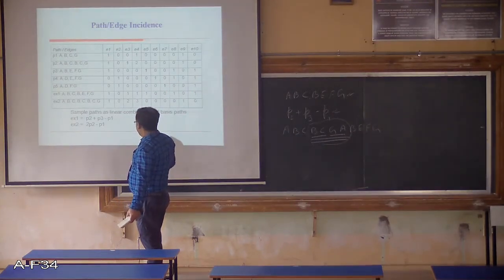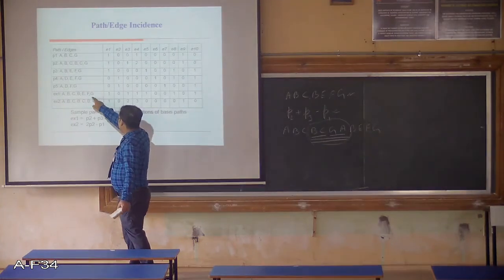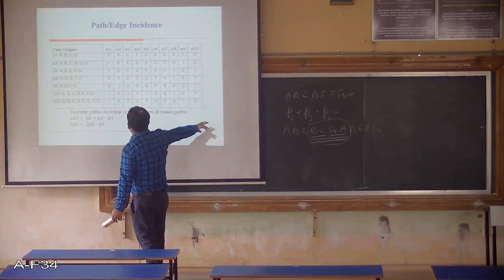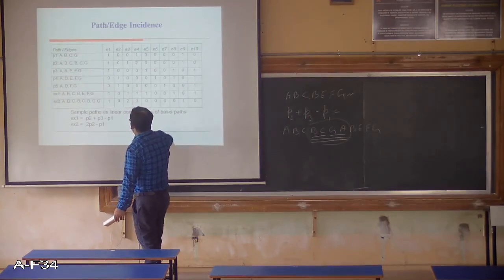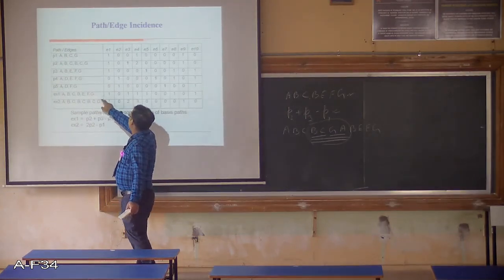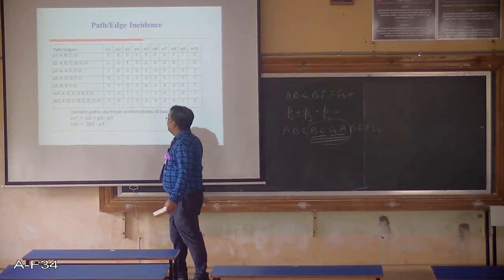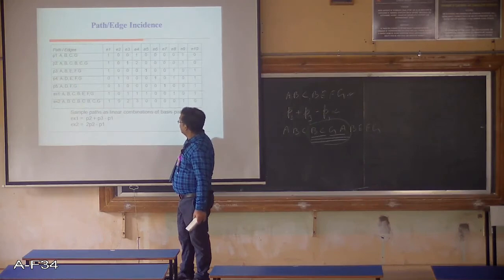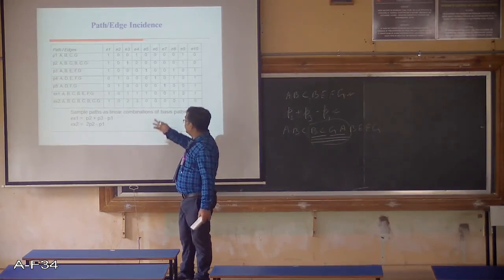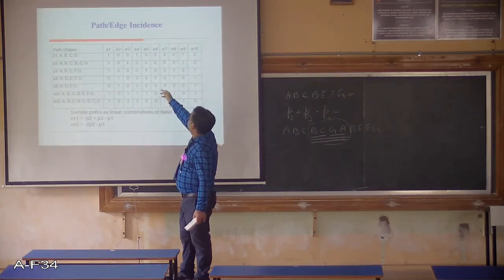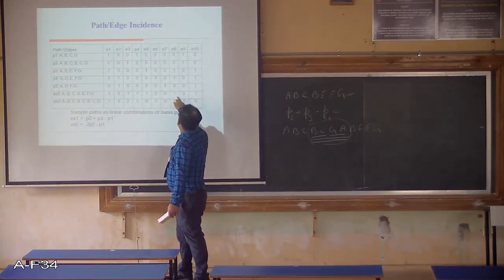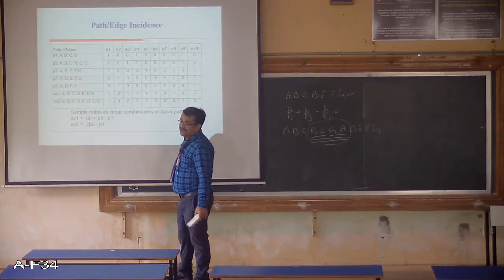Similarly, it goes on, and for this path which has been derived, I have already explained this example, that is P2 plus P3 minus P1 gives you this one, example 1. You traverse E1 once, E3 once, E4 once, E5 once, E8 once, and E10 once.